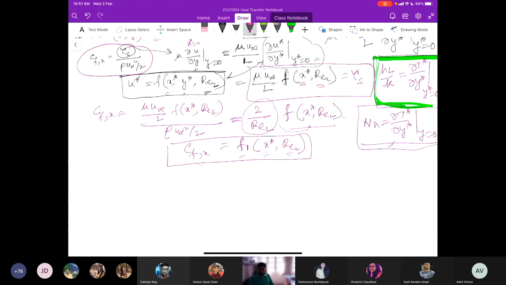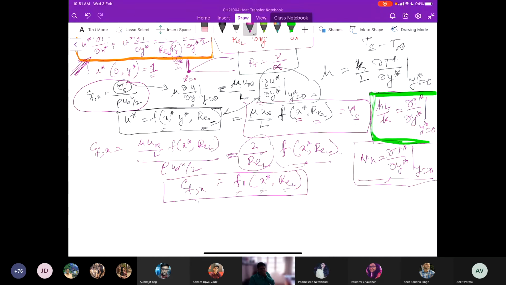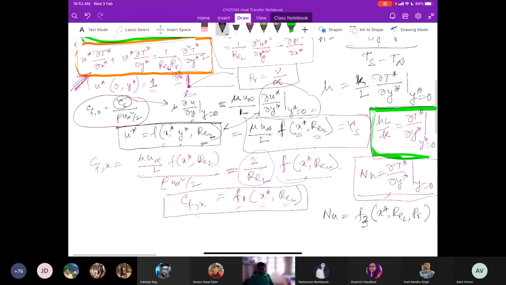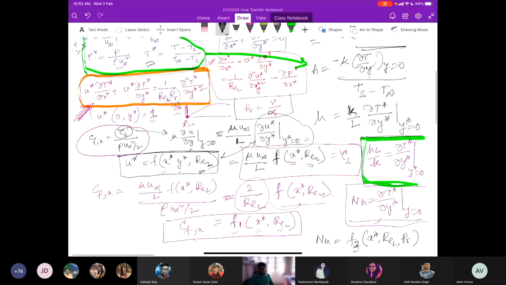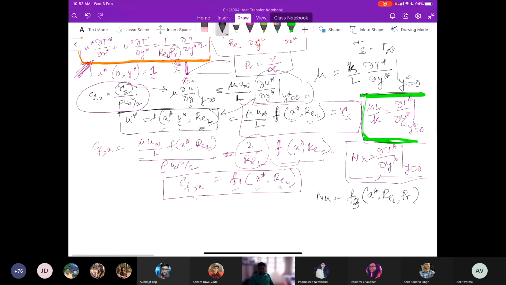Fine. So now we have two things. One is the Nusselt number, which is a function of x, Reynolds number and Prandtl number. Do you agree with this or not?